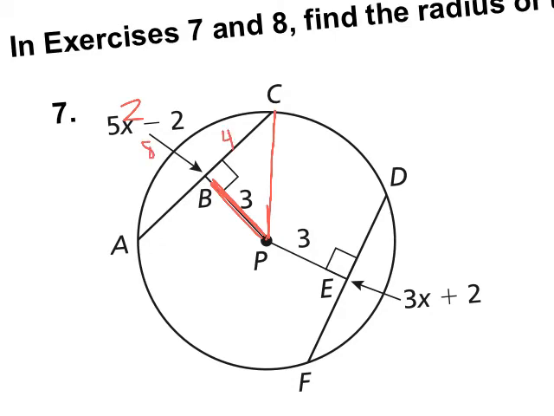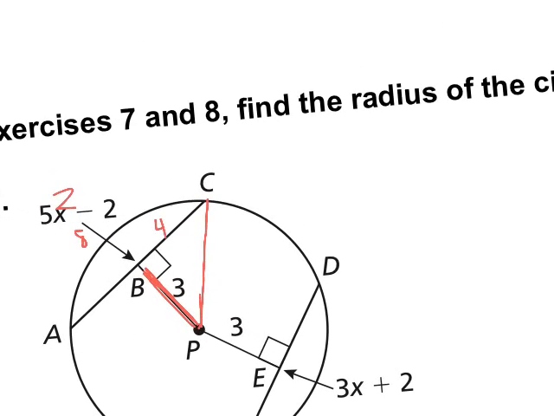Because the diameter is a perpendicular bisector, so since it bisects that, it cuts it in half. So it looks like I have a bottom leg of 3, a side leg of 4, and I can go ahead and find the hypotenuse, which will end up being the radius, okay? So I have 3 squared plus 4 squared equals radius squared.